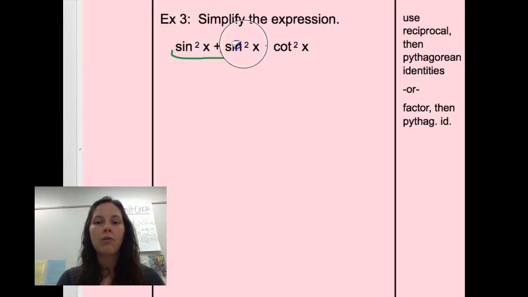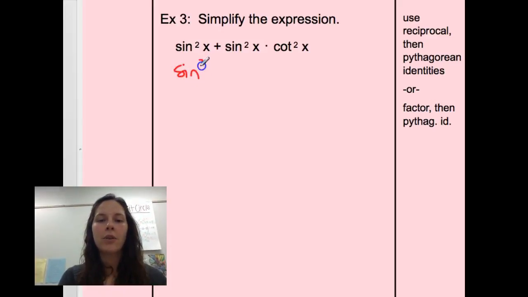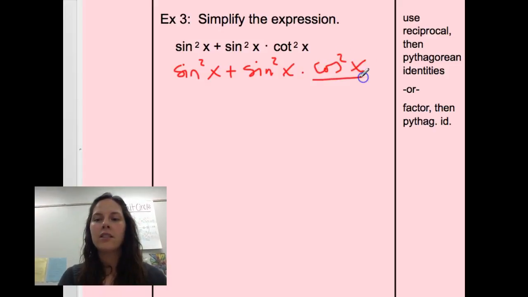I ran through both of them, and I think that the first option is a better option, but we can go over the second option in class if you would like. So for the sake of the video, I'm just going to stick with the simplifying that we already did. So we've got sine squared x, and cotangent is cosine over sine, so we'll have cosine squared x over sine squared x.